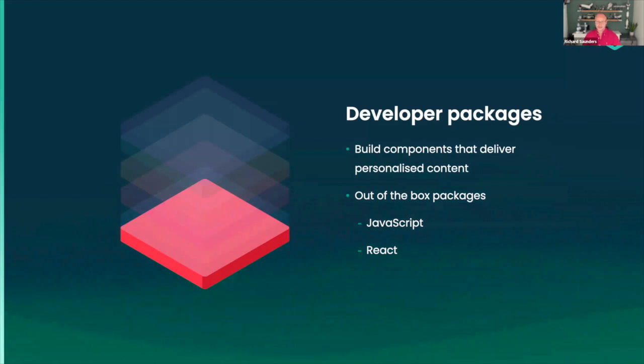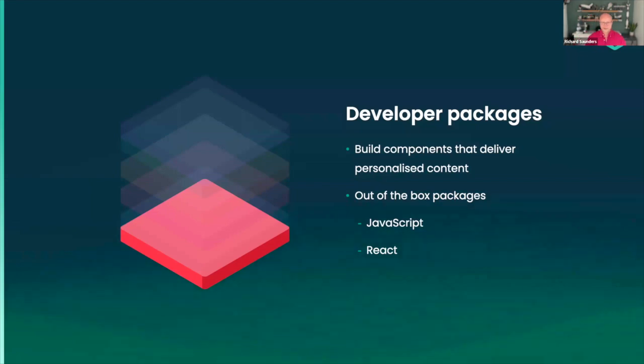And the same can be said for the hero banner example that I gave earlier. The hero banner will need to know what the default personalization is and what the different variants are for the different audiences to display those. So we've created out of the box packages for JavaScript and a React package that works with Contensis React Base to get you up and running.